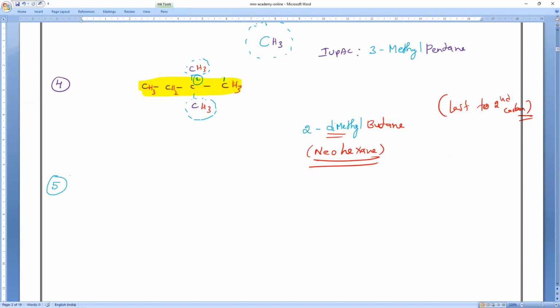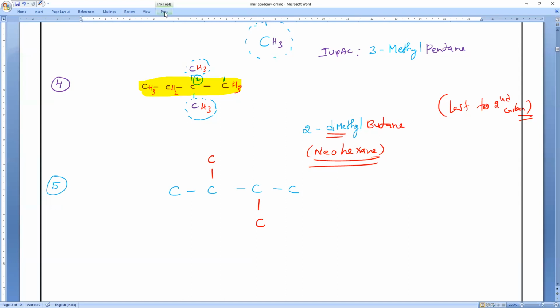Next, last isomer. Again, make the maximum number of carbons in the parent chain 4. Less than that is not possible. So now, for the second carbon, 1 branch. For the third carbon, 1 branch. Over. So now you balance it, everybody.